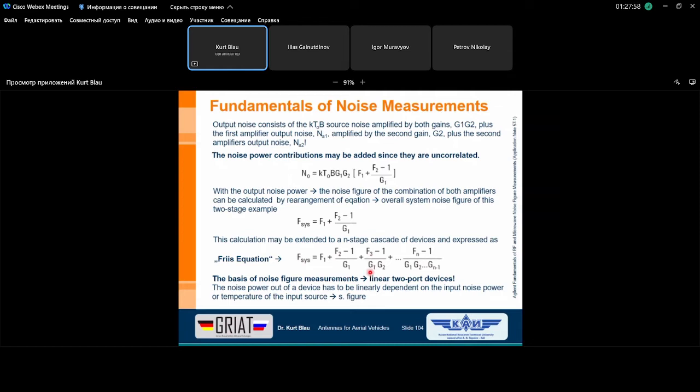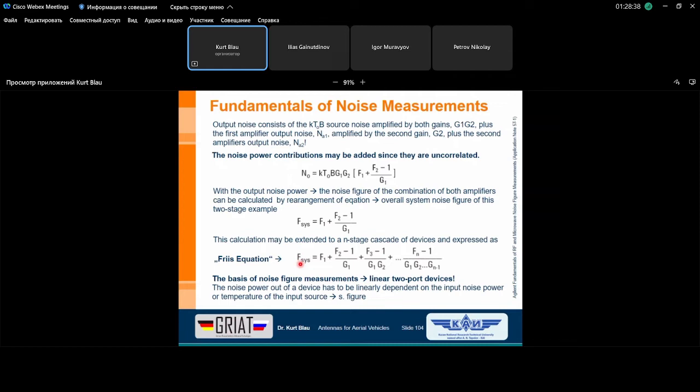The 100 here makes the noise figure of the second stage negligible. The third stage has a higher noise figure. So in combination with the small power gain, for instance, of the second stage, this product will be smaller than G1. And so the very bad noise figure of the third stage looks strongly through, means it can determine the overall noise figure very, very strongly.